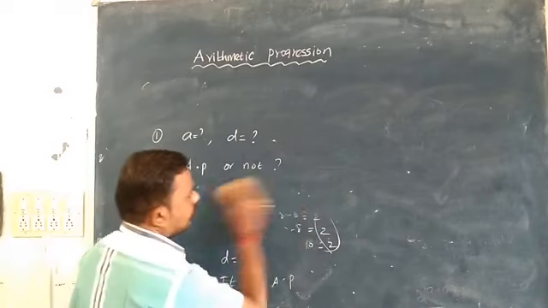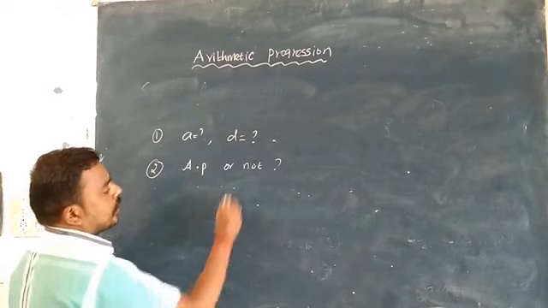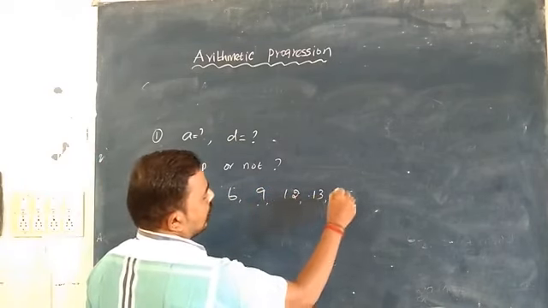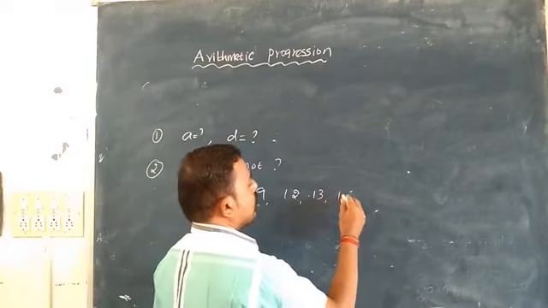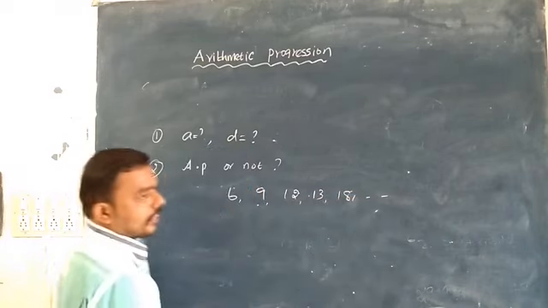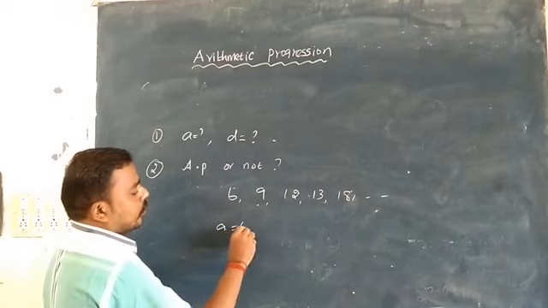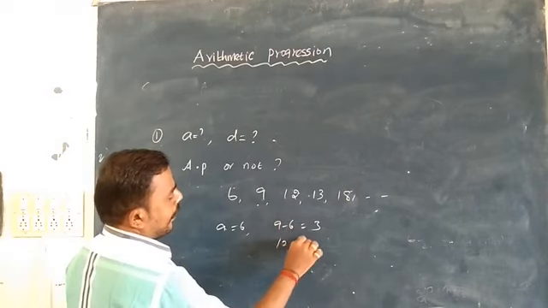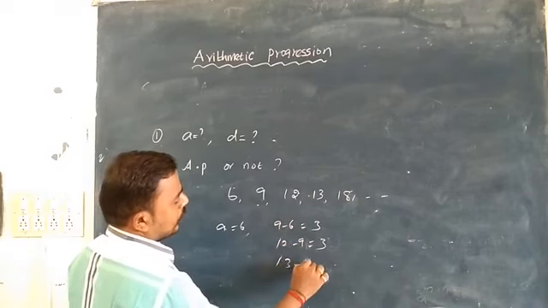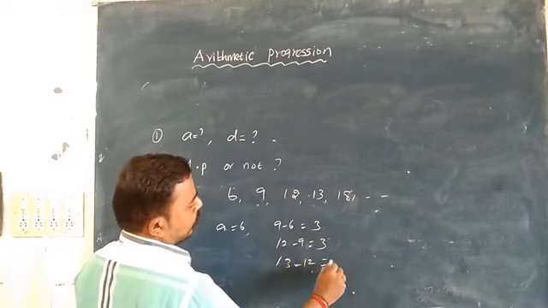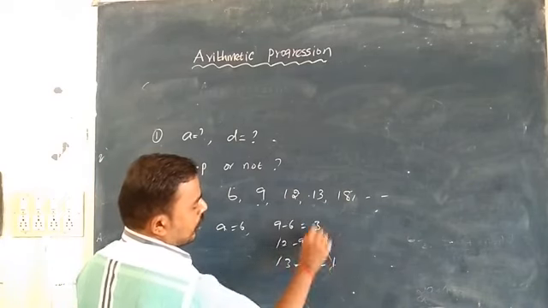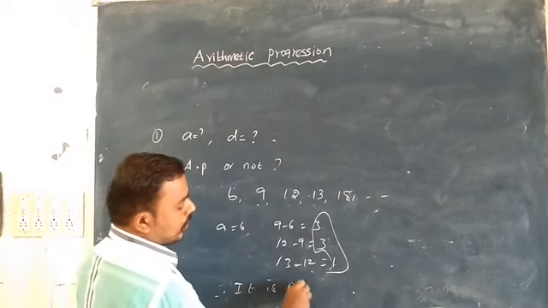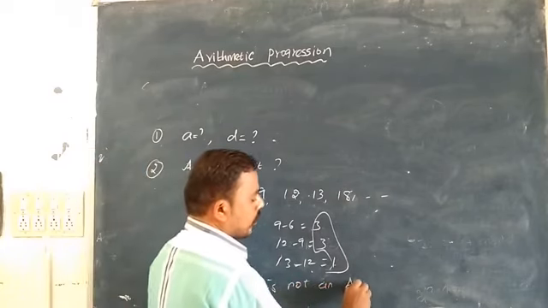Suppose the problem is like that. Now A equal to 6, okay, but 9 minus 6 equal to 3, 12 minus 9 equal to 3, 13 minus 12 equal to 1. There is no common difference now. So therefore it is not an AP.